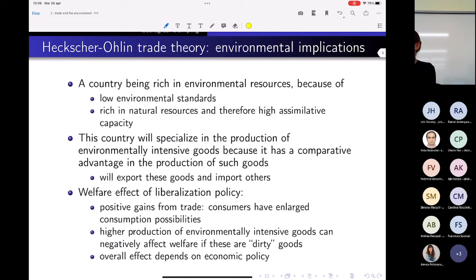And from an environmental point of view, it depends on environmental regulation. Therefore, if you have low environmental standards, then you will be very rich in natural resources. Or in a similar way, if you have high assimilative capacity, you are also very rich in environmental resources.